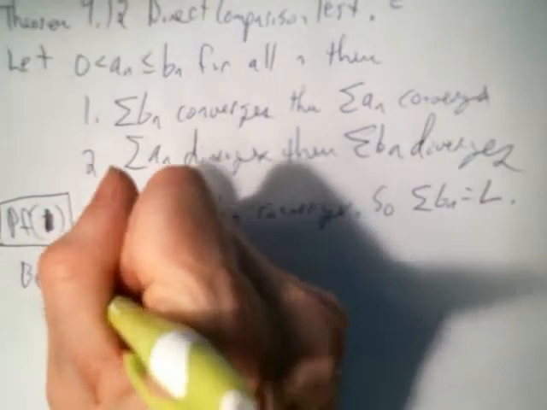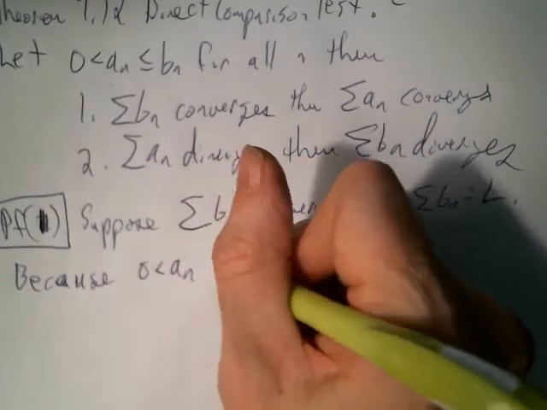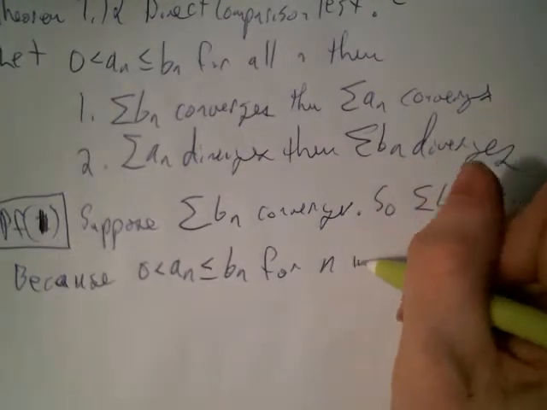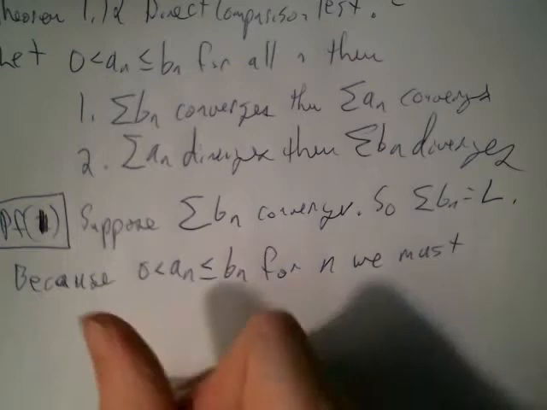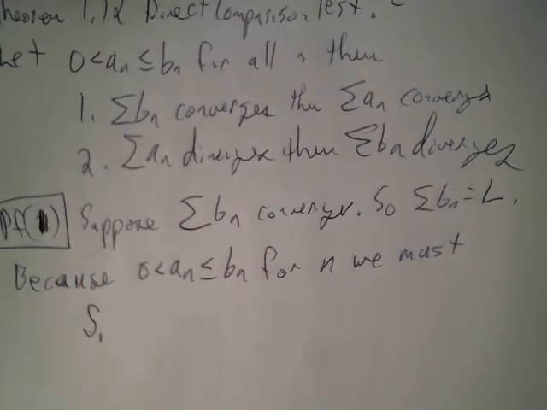Because we have this inequality holding, because the a sub n terms are less than or equal to b sub n for all n, we must have this sequence of partial sums being bounded above.